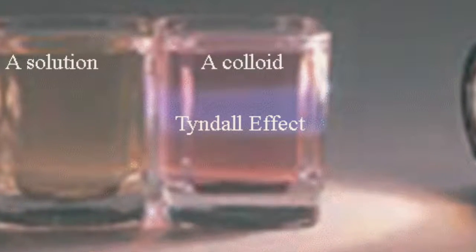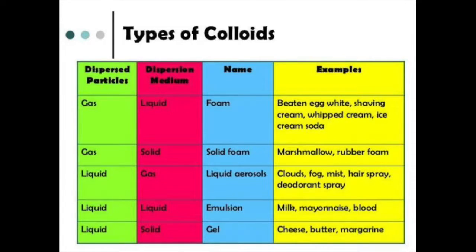Even though the Tyndall effect will be a great identifier of a colloid, it is not always going to be a colloid if a mixture displays a Tyndall effect. But some key indicators that the mixture is a colloid is that the particle size is going to be medium, between a solution and a suspension.